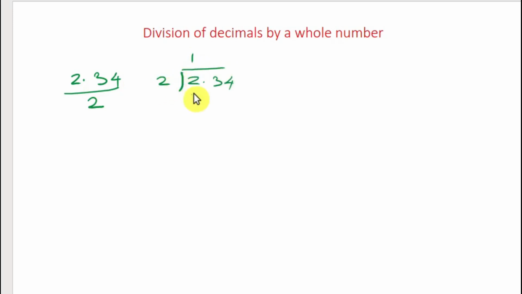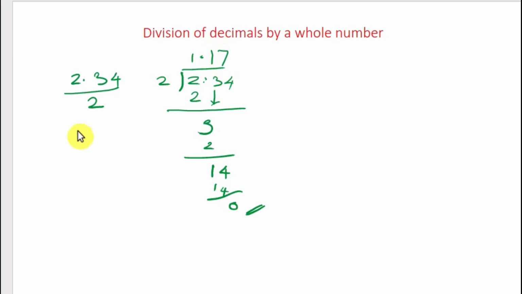So 1 times 2, the point, I am putting a point here. I am bringing the 3 down. 1 times 2, 3 minus 2, 1, bringing the 4 down. 7 2s are 14. Ordinary division method. So what is the answer? 1.17.